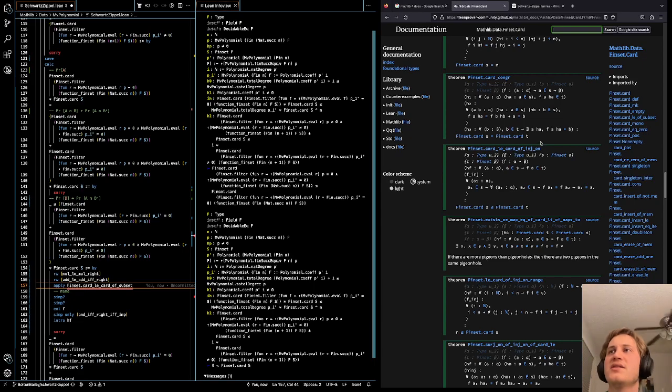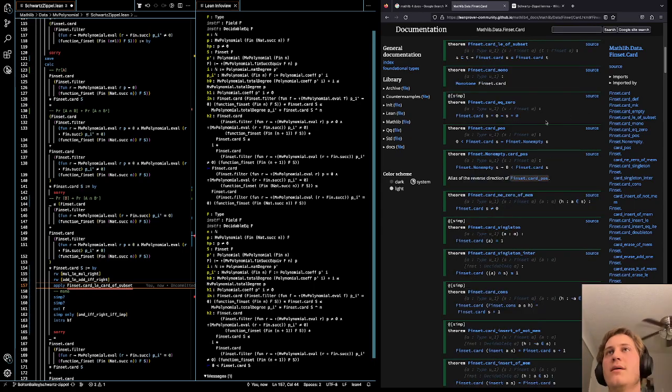Okay, but is there a lemma that allows me to not deal with this injection and just talk about being a subset? Card LE of subset. Okay, well, everything else in the library is card LE card, so I don't know why it's this, but card LE of subset.